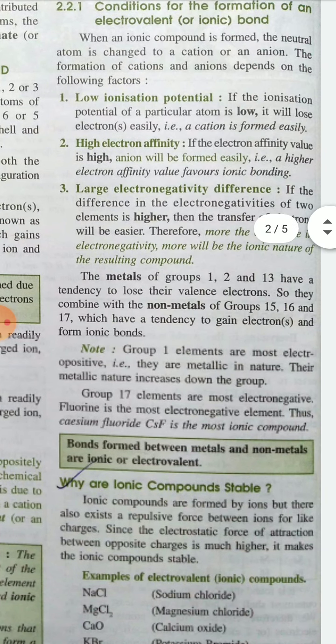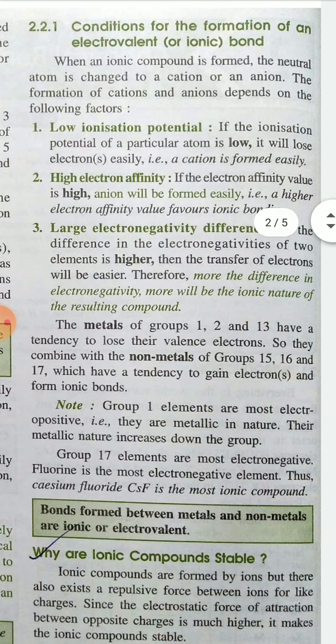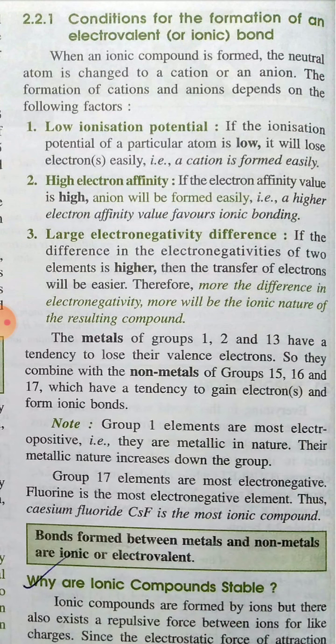Now let's see the conditions of electrovalent bond formation. I have already told you electrovalent bonds form generally between metals and non-metals: metals of group 1, 2 and non-metals of group 15, 16, 17. First, low ionization potential.